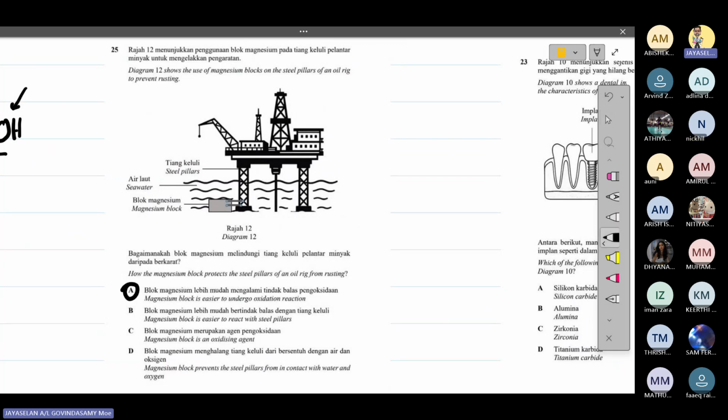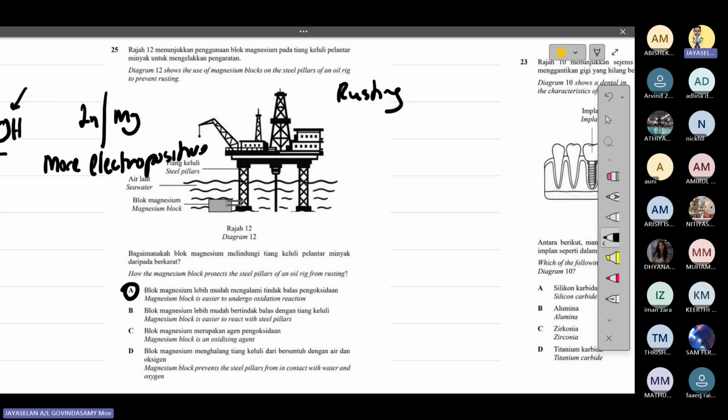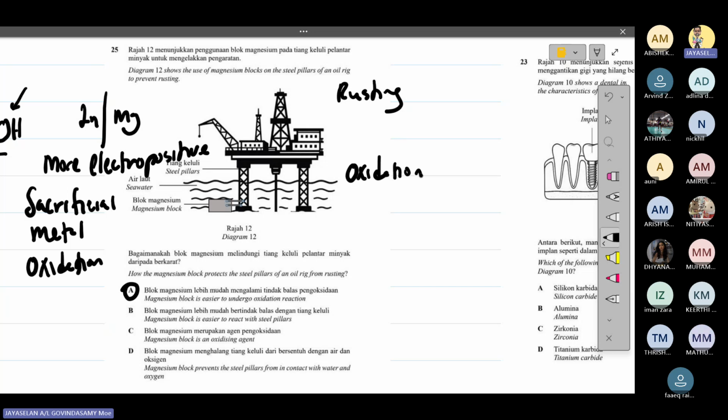Okay, when the oil rig, this is under rusting. Okay, and please remember zinc metal or magnesium metal is known as what? More electropositive metal. They act as what we call sacrificial metal. They will undergo what reaction? Oxidation. So here the oxidation equation will be what?